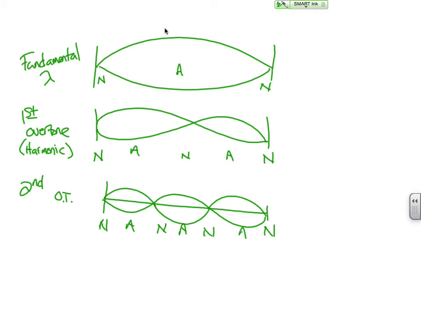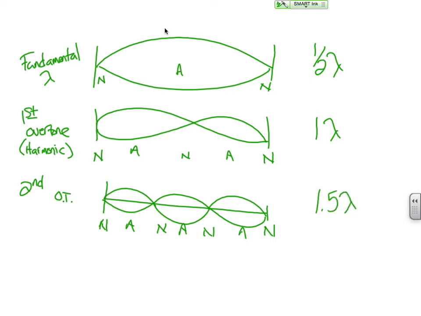Well, again, if I have a crest or a trough here, then this is how much of a wavelength? This is going to be 1/2 of a wavelength. And here I have both a crest and a trough, so this is one wavelength. And this has a crest and a trough and a crest, or a trough and a crest and a trough, so I have 1.5 wavelengths.